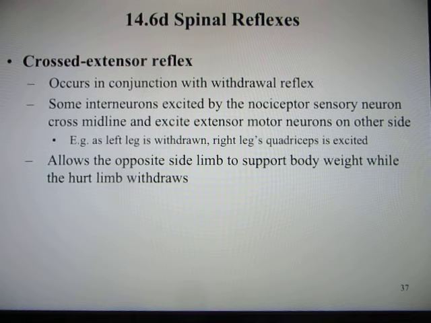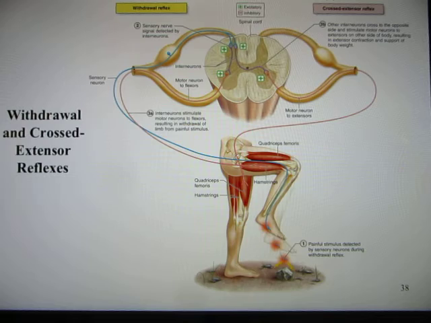Like your left leg steps on something, and you quickly move your left leg back, but you're going to put all your body weight on your right leg. So your right leg will extend, so you're able to put all your body weight on your right leg when you withdraw your left leg back. So these two usually happen together.